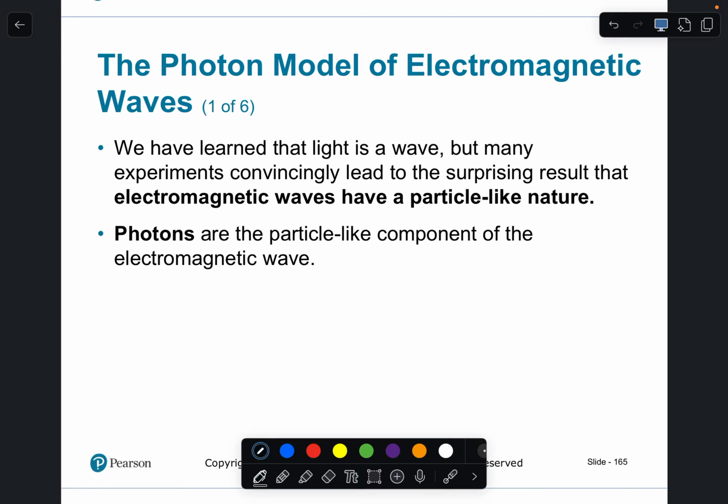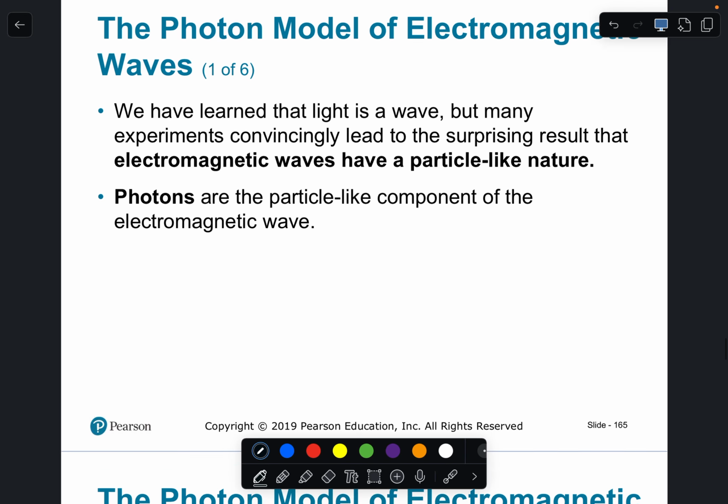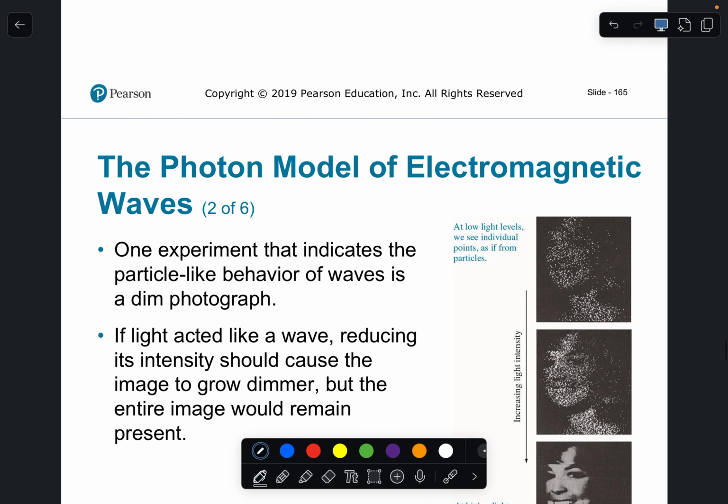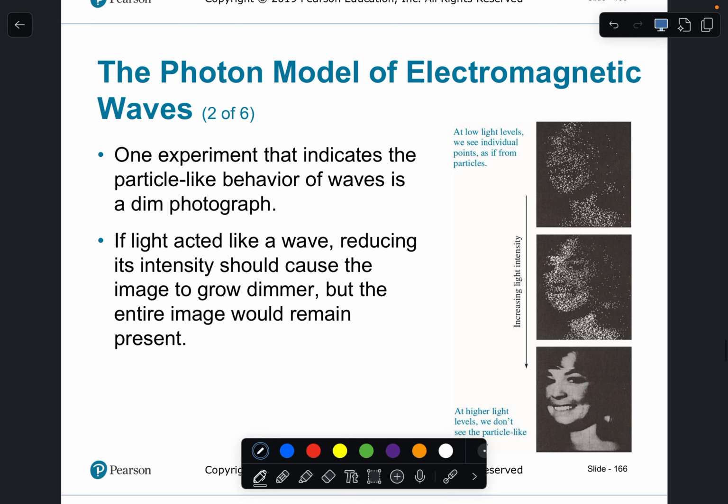So we can measure photons, we can measure the energy of a photon, but we can't really grab a photon like we can an electron. So how do we know photons exist? Well, I don't know if you've ever taken a really dim picture before, okay?